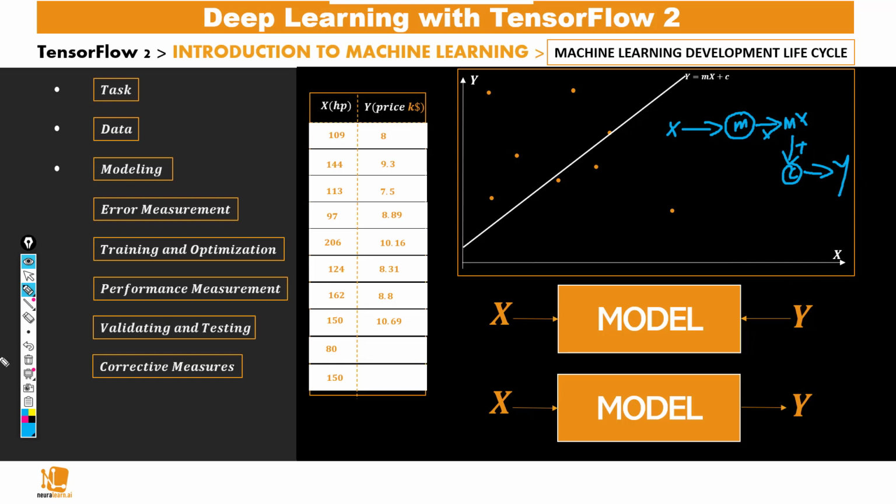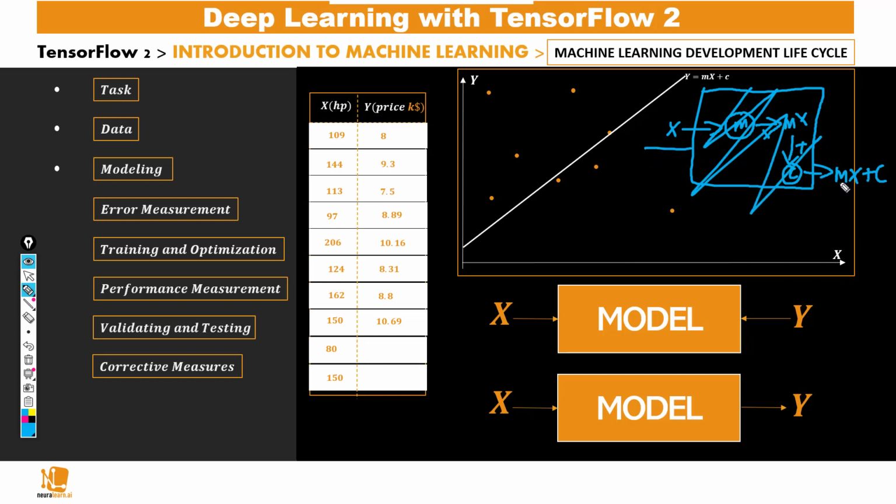So let's say it gives us mx plus c. Let's take this off. We have mx, and then we put all this into a box, which is what we call our model. Now notice here, we have our model, we have x get into our model, and we have our output right here.